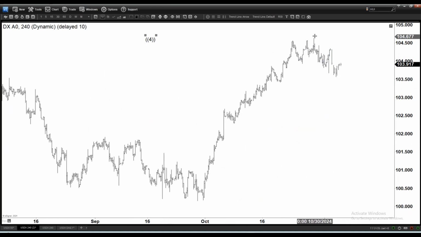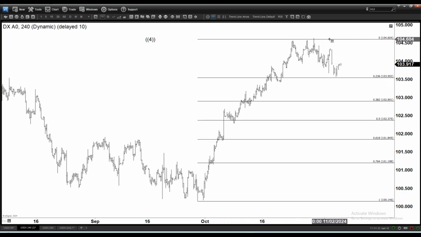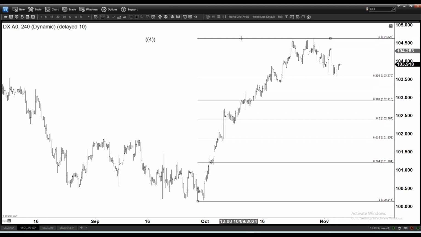If the cycle ends, you get a reaction lower, you get a correction, you get a pullback, right? Now it depends on the trend. If the trend is actually bearish, then it will go to new low below here. If the trend is bullish, you need to correct the cycle in 3 waves. But the correction so far, if I use the retracement, is only 23.6% retracement.